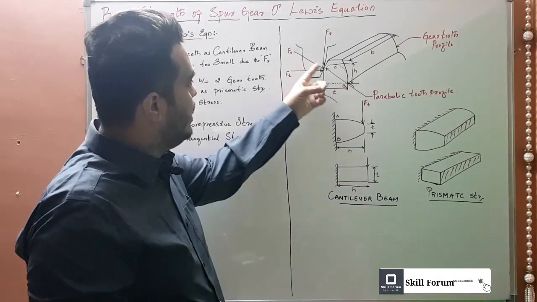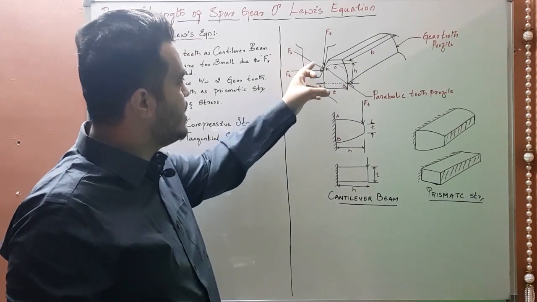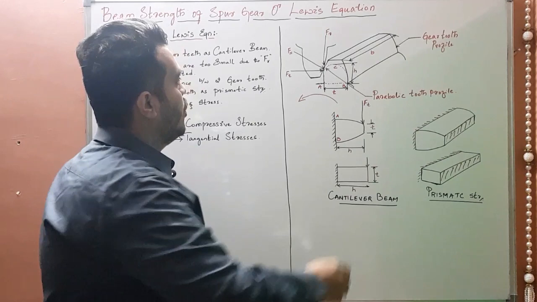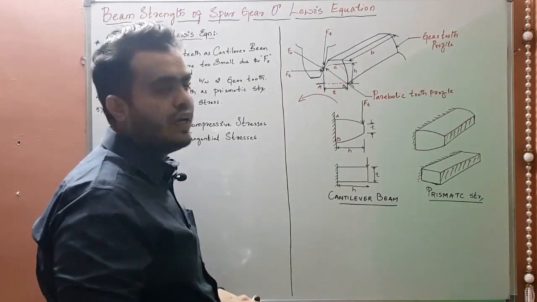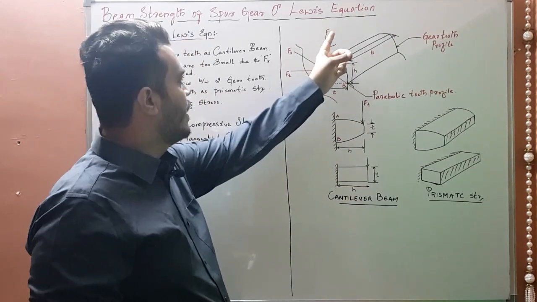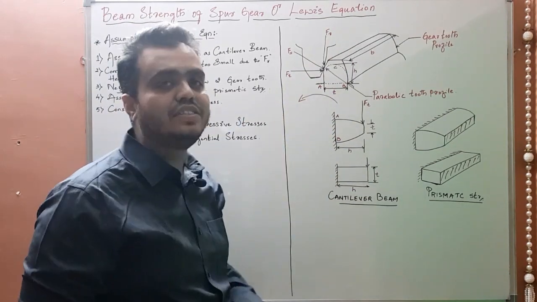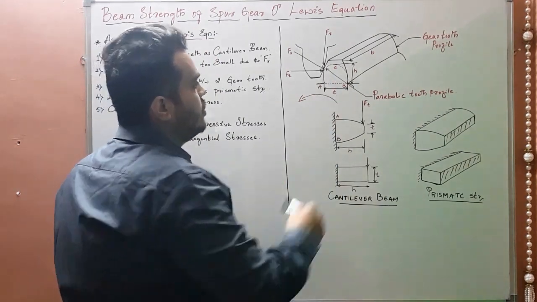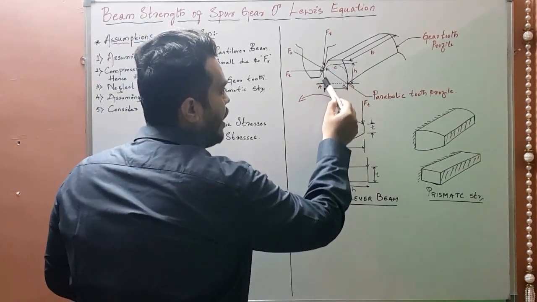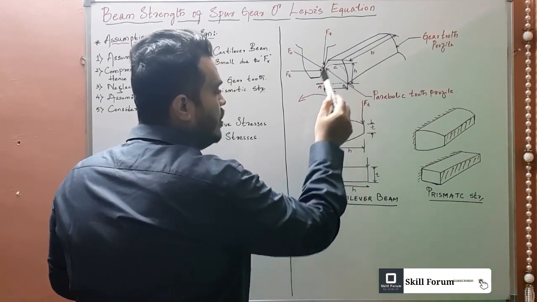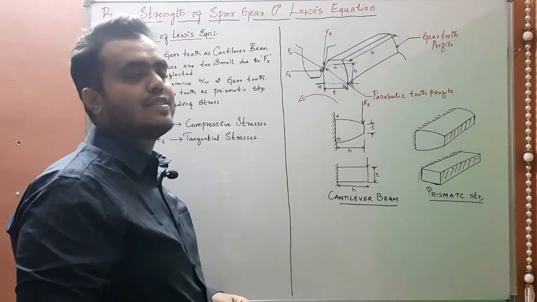At that point of contact there is a normal force. Due to this normal force we get the reaction forces, that is Fr, the radial force, and Ft, the tangential force. This is the point of contact. Here you can observe the parabolic tooth profile. This parabolic tooth profile we need to consider to design the spur gear.